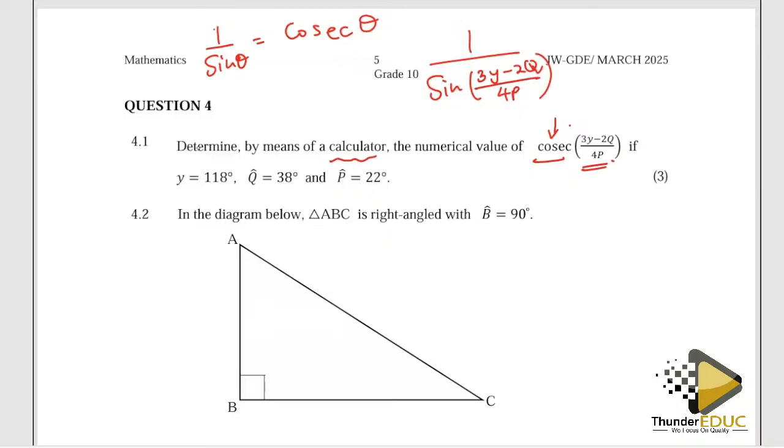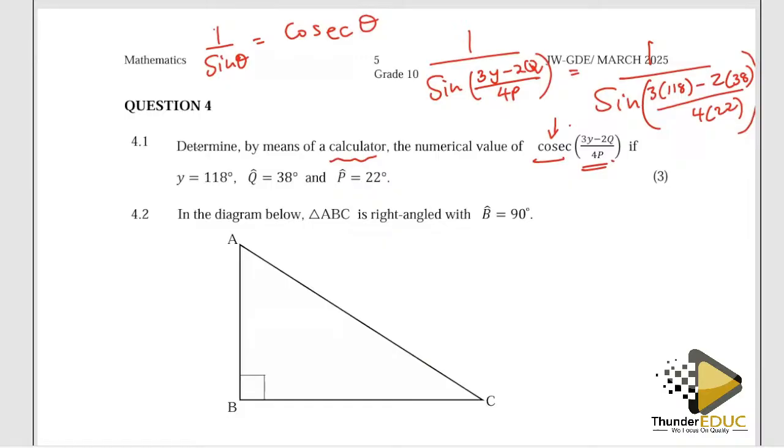So I'll say it's 1 over the sine of, y is 118, so that's going to be 3 into 118 minus 2q, which is 2 into 38. Just use brackets, please. Over 4p, which is 4 times 22.